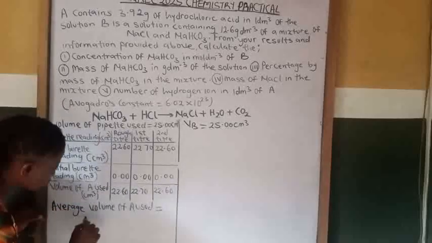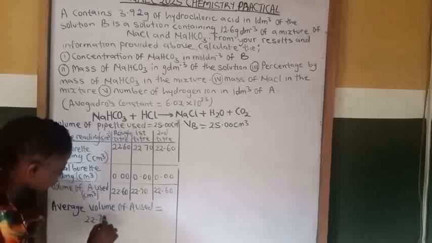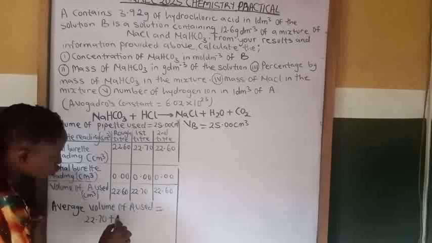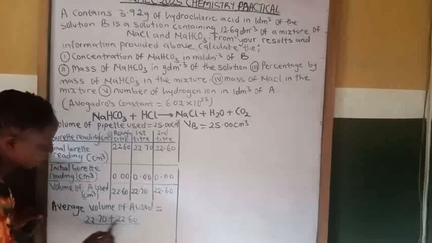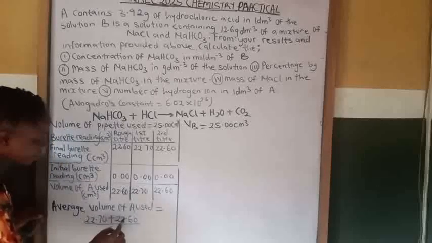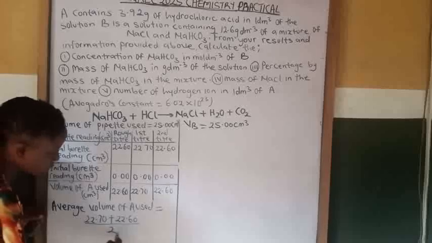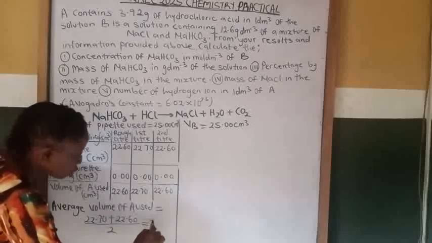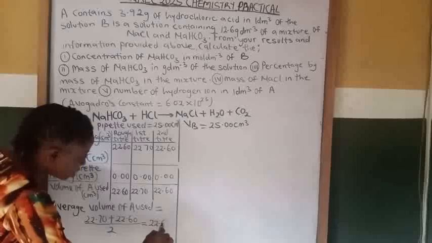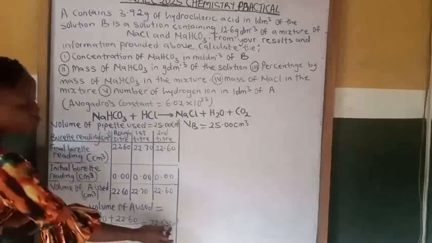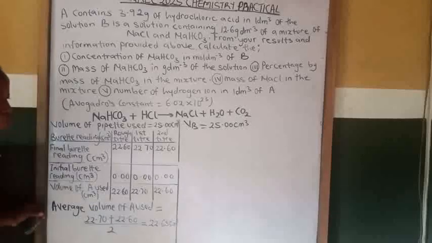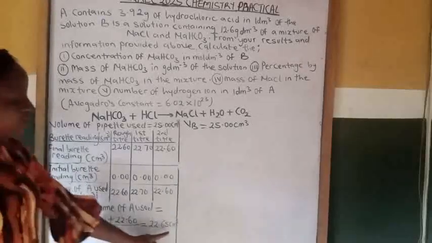So 22.70 plus 22.60, divided by 2, since I used two concordant titre values. Which is equal to 22.65 centimeter cube. So don't forget to put your unit. My unit is centimeter cube.